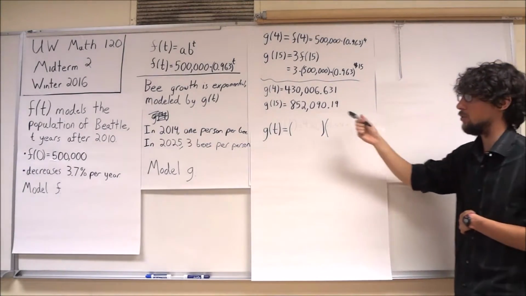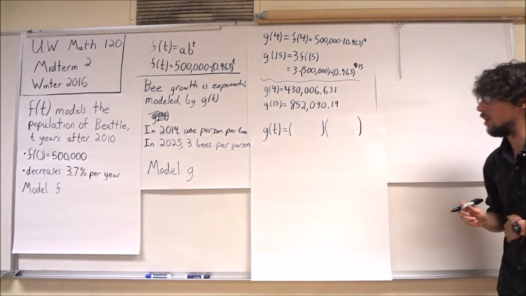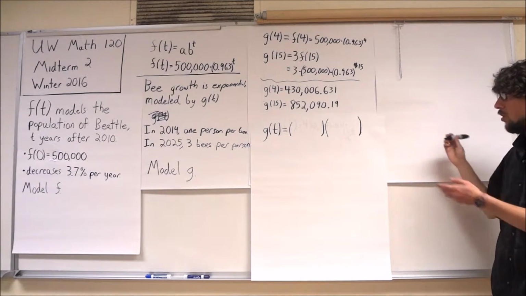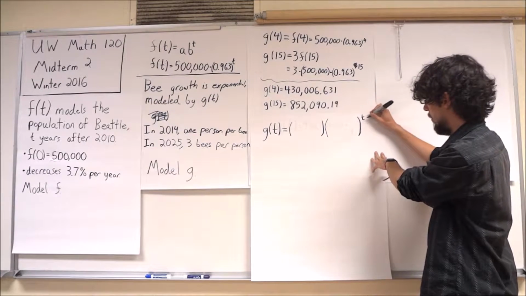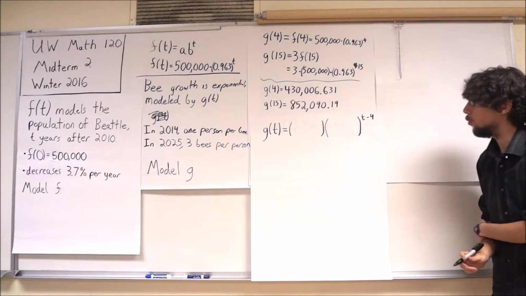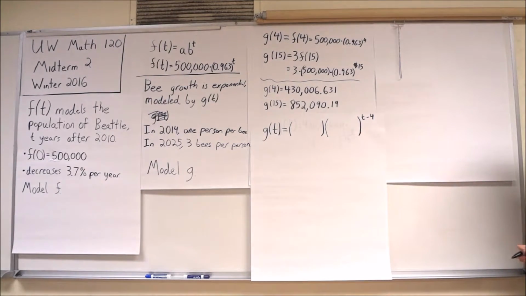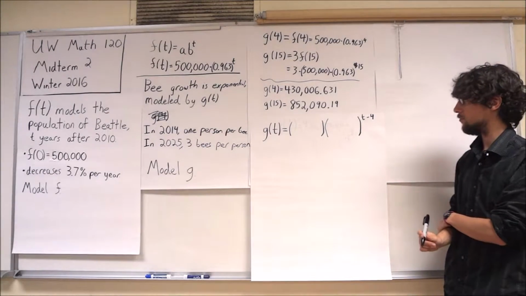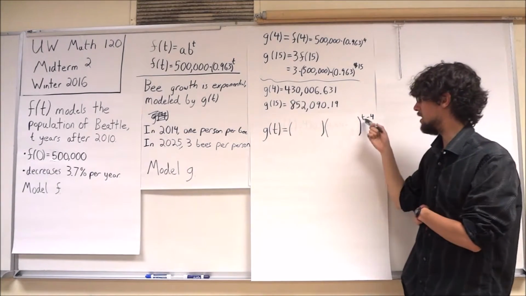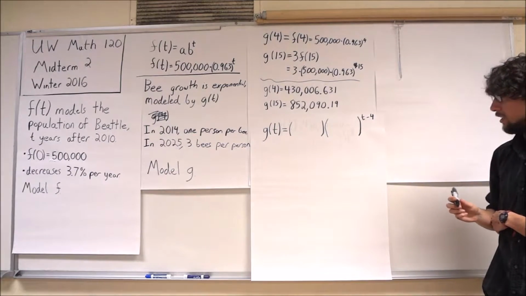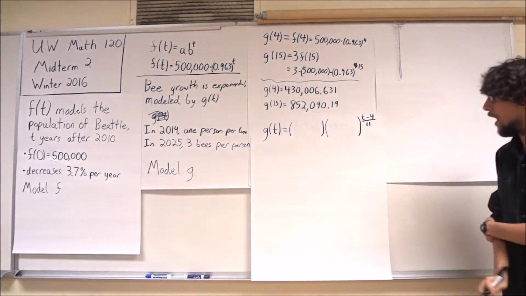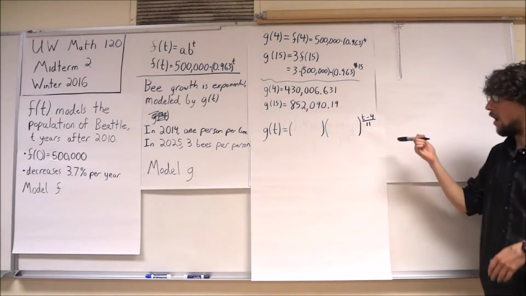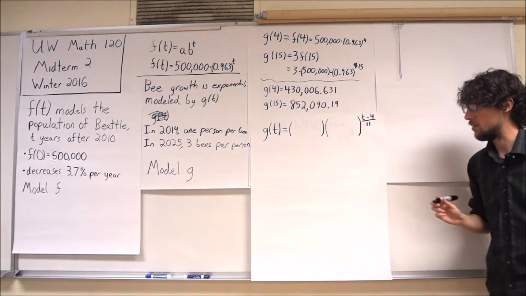And when I plug in t equals 15, my exponent will become 1. So let me write this out. I have t minus 4, which works when I plug in t equals 4. But right now, when I plug in t equals 15, I get 11 here. So I'll divide this by 11. And now I have an exponent that behaves just as I described.